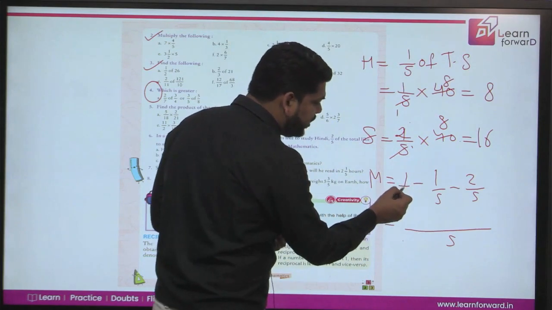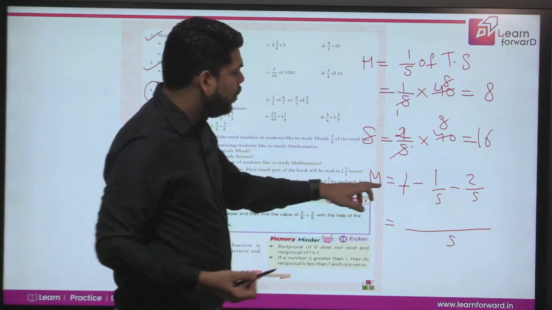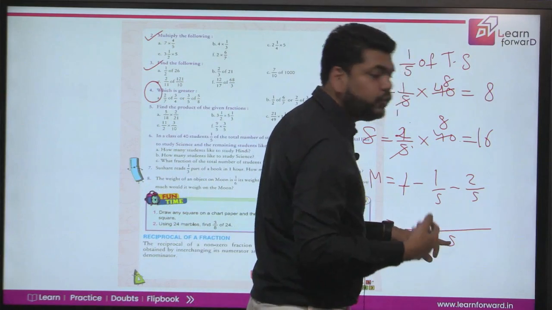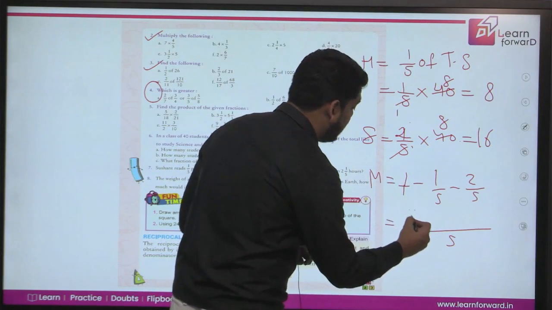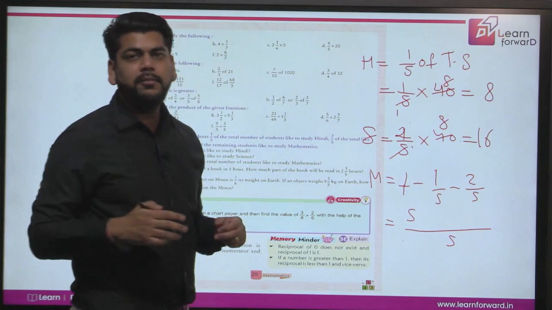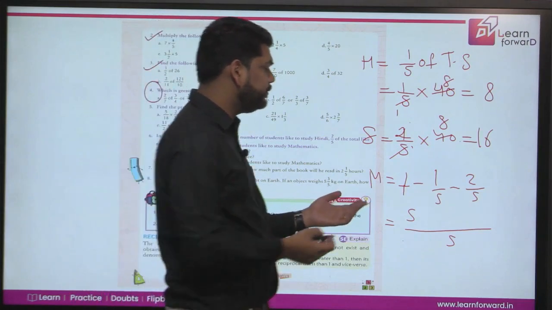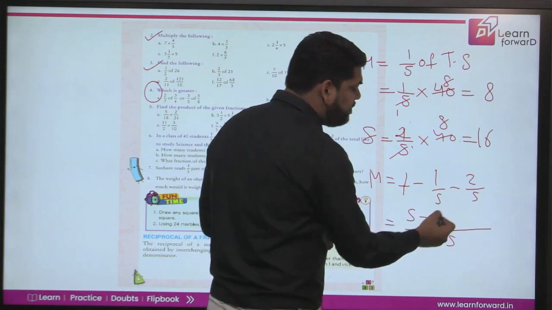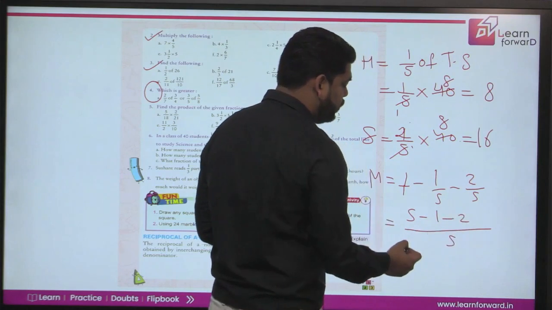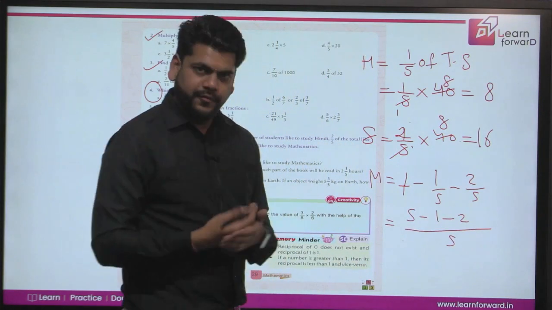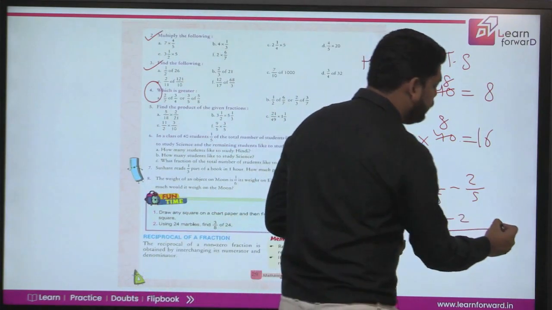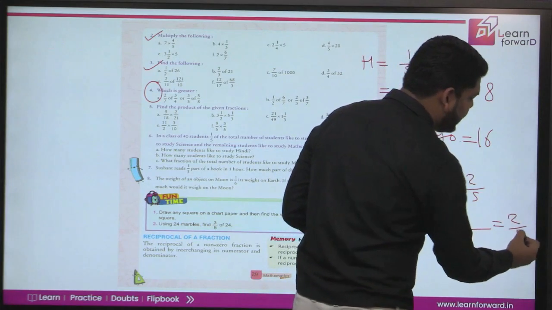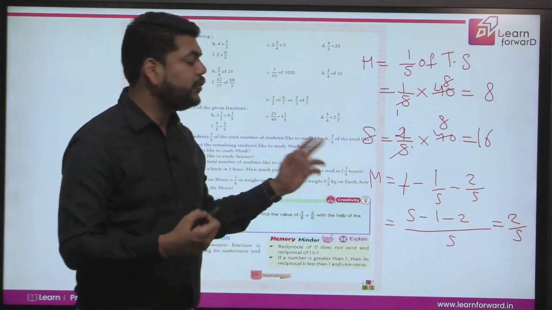Since there is nothing in the denominator, we can write 1. 1 needs to be converted into 5, so the numerator will also be multiplied by 5 and the answer will be 1 into 5, 5. These are already 5, 5. We can write minus 1, minus 2. Now 5 minus 1 is 4, 4 minus 2 is 2. So the fraction of students who like to read maths is 2 by 5.